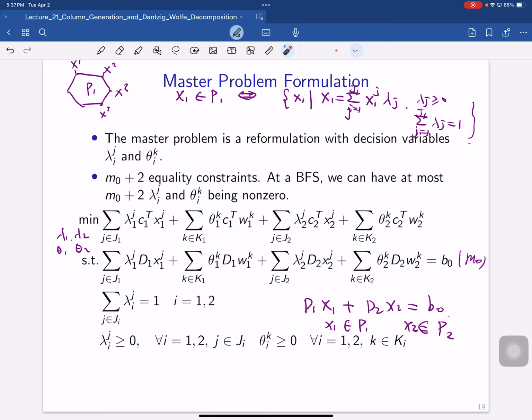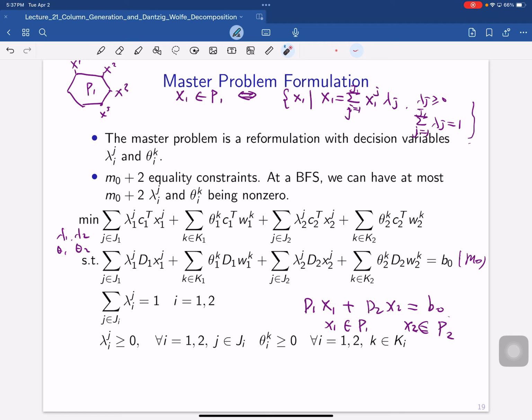For each lambda variable, you have a lambda times its corresponding extreme point, right? So whenever you introduce a new extreme point, you introduce a lambda variable. In other words, you introduce a column in this problem.